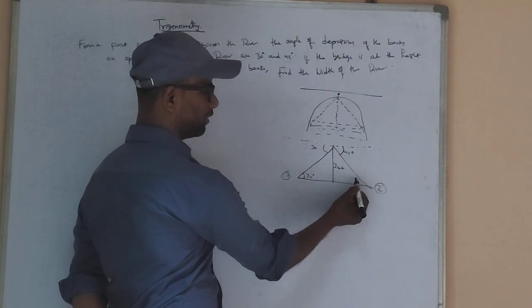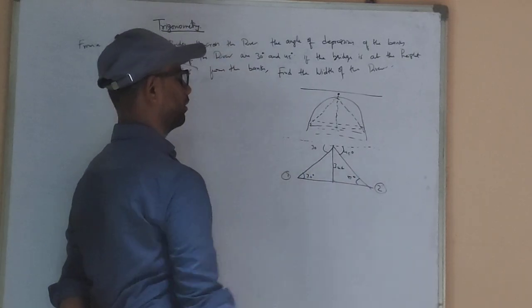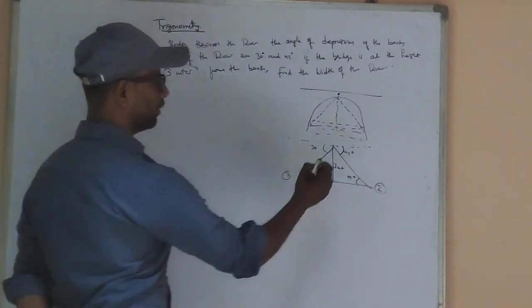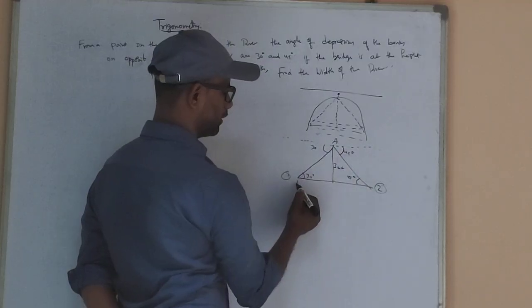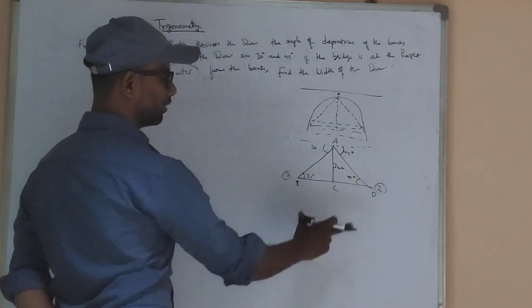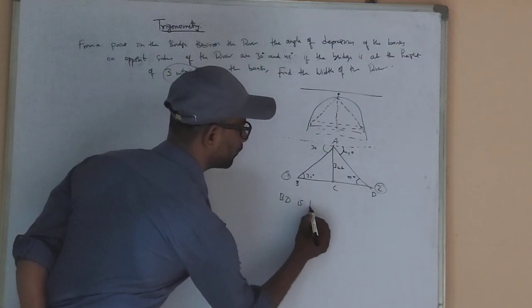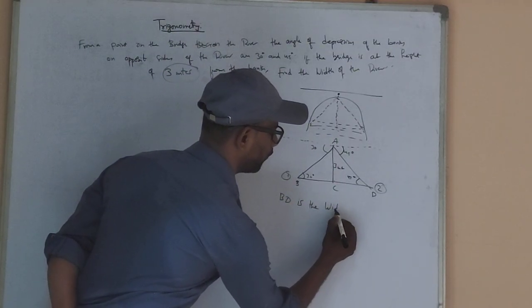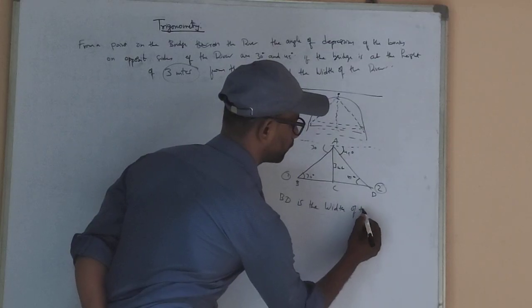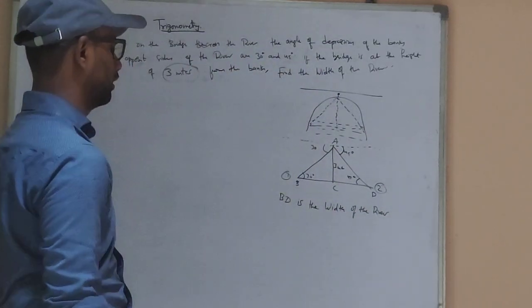If this is 45 degrees, it is also 45 degrees. Now solve the question. Here it is A, this is B, this is C, this is D. Now we have to find the width of the river BD.